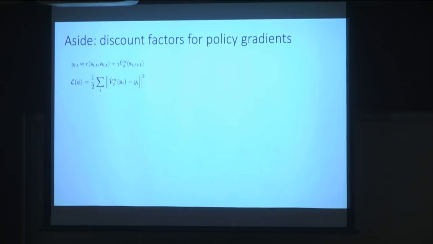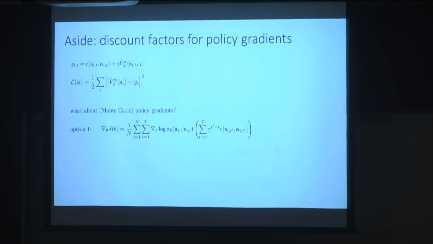OK, so that's kind of the theory. But now, how do we actually use the discount factor in a policy gradient? Well, it turns out that there are actually 2 ways we can instantiate this theory in a policy gradient algorithm, and they lead to slightly different outcomes. So let's just deal with regular Monte Carlo policy gradients for now, none of this value function business.